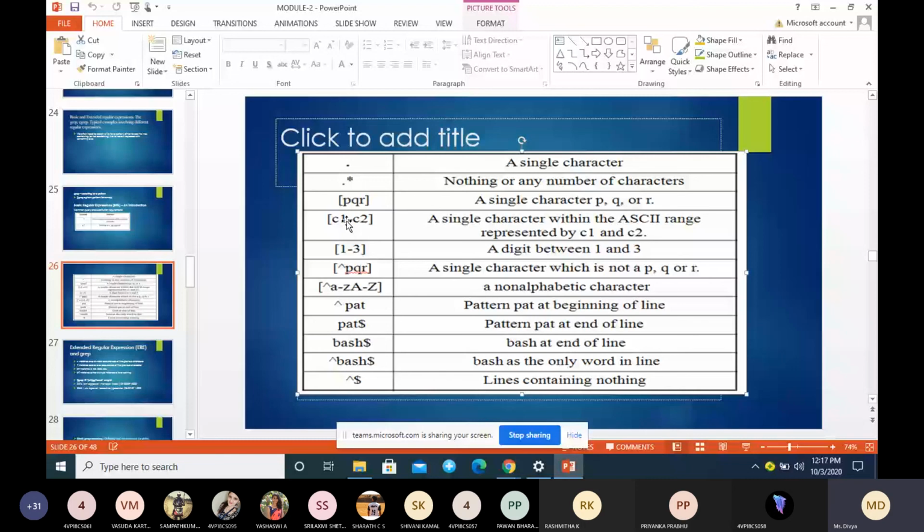We saw how to use the caret symbol for matching a pattern that begins with. You see the difference: if you use it outside the angular brackets, it is for a pattern that begins with, and if you use it within the angular brackets, it is for matching a single character which is not P, Q or R.